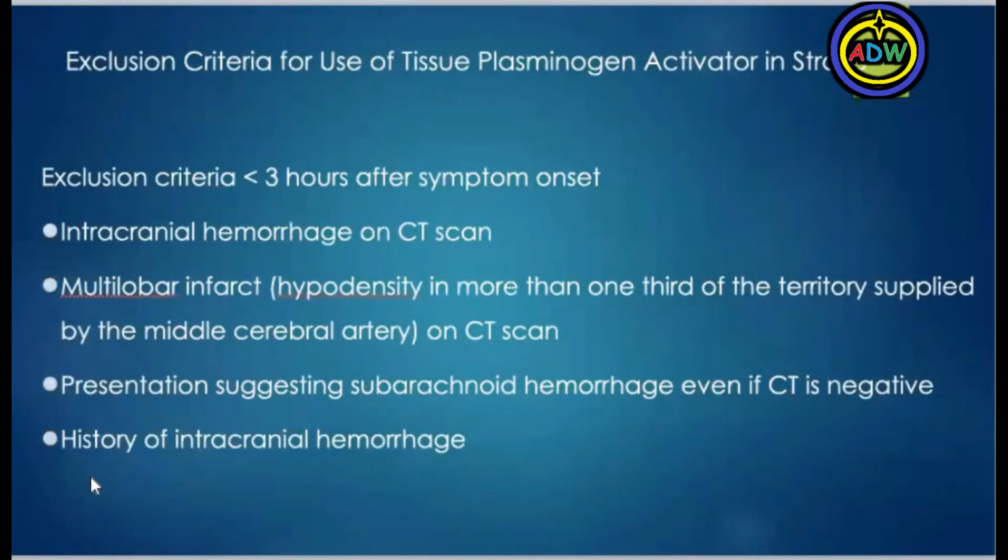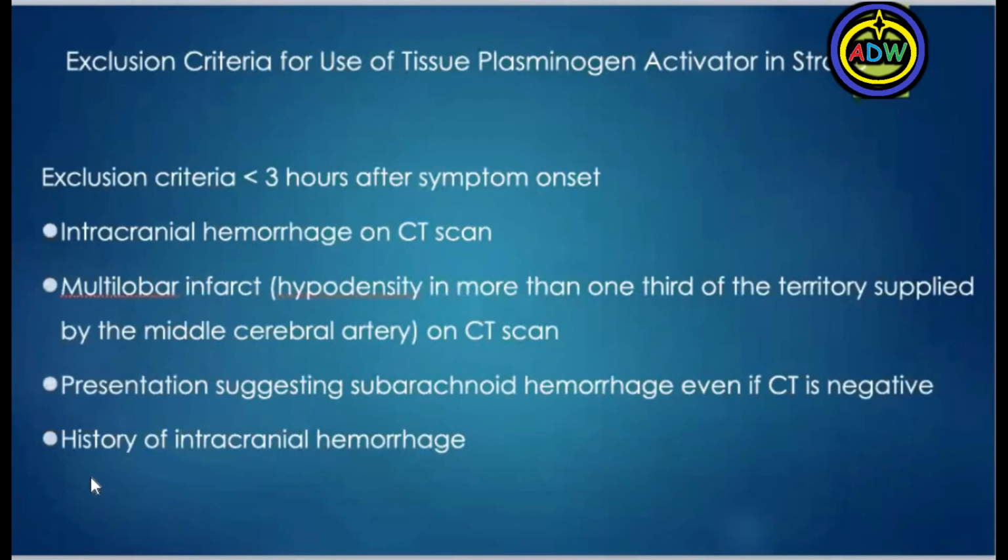So there are exclusion criteria, meaning contraindications, when we can't give thrombolytic therapy, when we can't give alteplase or tissue plasminogen activator. These exclusion criteria include the following.